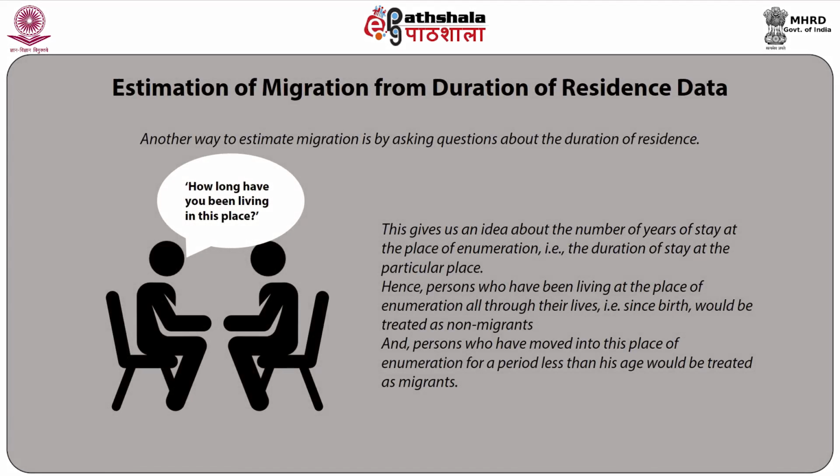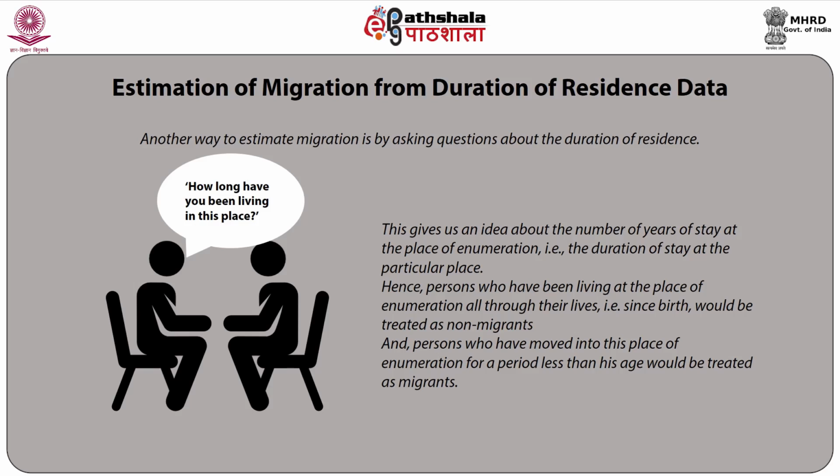Another way to estimate migration is by asking questions about the duration of residence. In the census, the question is asked, how long have you been living in this place? This gives us an idea about the number of years of stay at the place of enumeration. That means the duration of stay at the particular place.